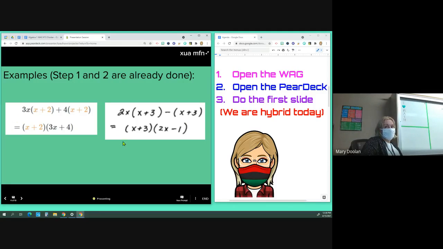This example on the right, 2x times x plus 3, that's the first term, minus, and then in parentheses we have x plus 3, so that's the second term. What they have in common is x plus 3. So we are dividing x plus 3 from the first term, which leaves us with 2x, which is why there's a 2x right here.